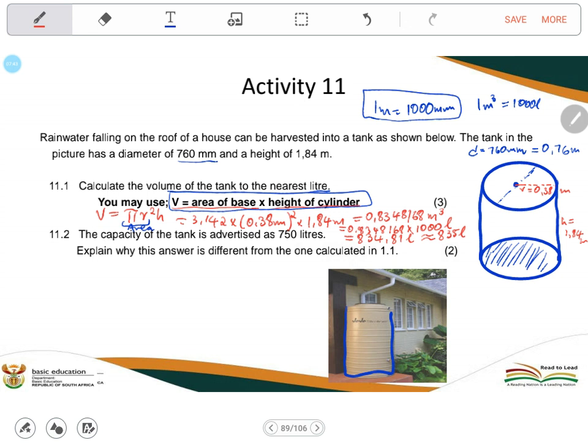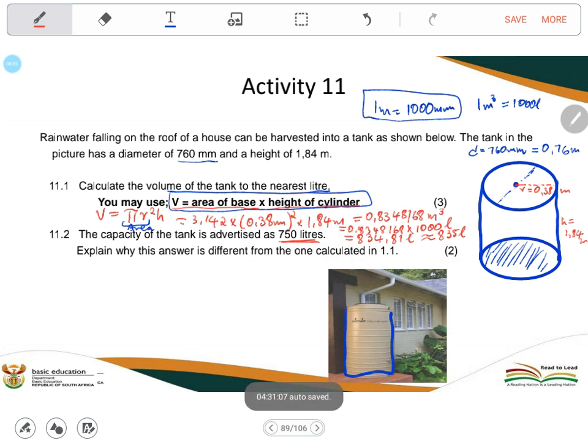Now let's go to 11.2. It says the capacity of the tank is advertised as 750 liters. Explain why this answer is different from the one calculated in 11.1.